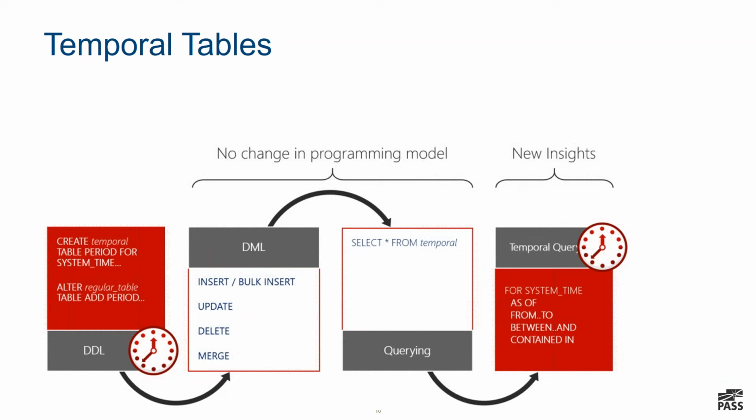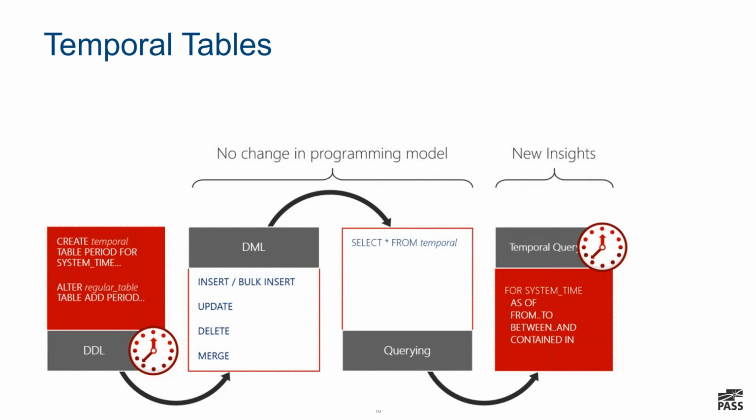The only thing that is different is the structure of creating this table. I have to consider that I need 3 more columns. I'll go through that later on. So my DDL script is different. And also, I have some specific commands in my select query that will give me some new insights.